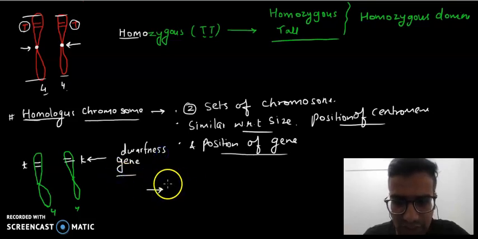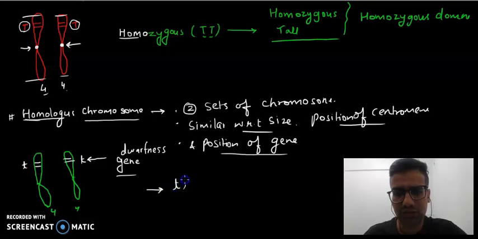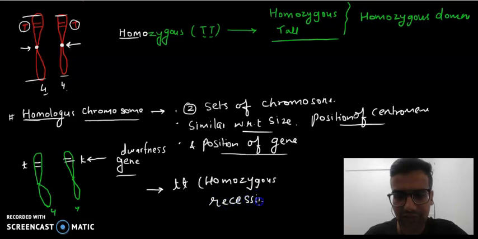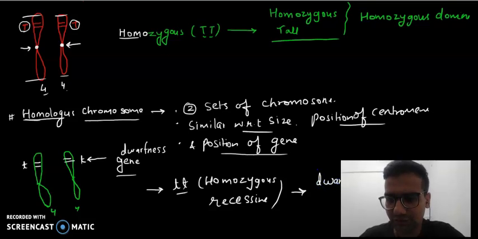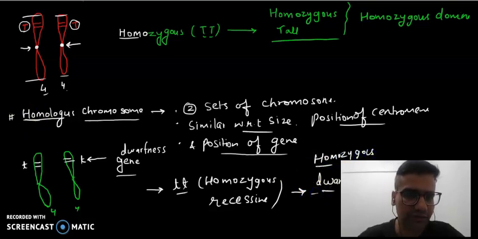Then the genotype of the plant would be small t small t, and this plant will be homozygous recessive plant. If we talk about the characteristic of the plant, this plant will be, of course, dwarf plant, so this plant is homozygous dwarf.